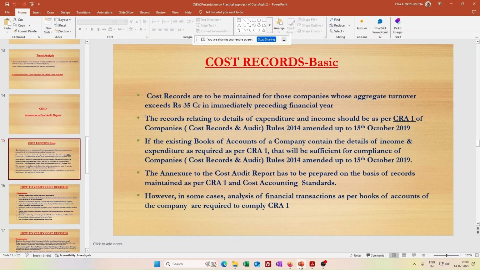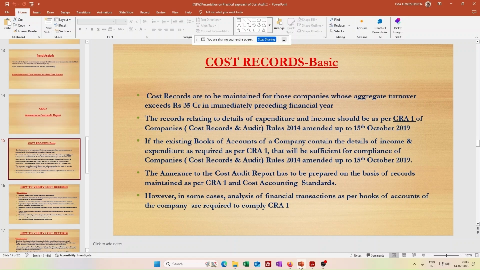Now, how to prepare the cost records? The cost record should be prepared as per CRA 1 of the Companies (Cost Records and Audit) Rules 2014, amended up to 15th October 2019. You will notice that I have posted the Excel format of the annexure to the cost audit report, amended.